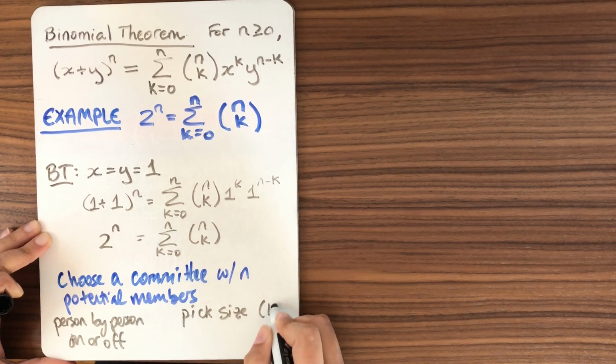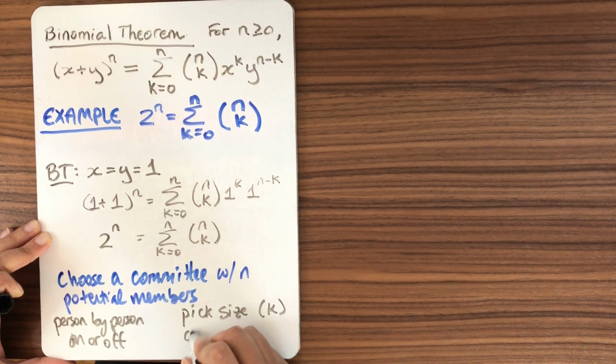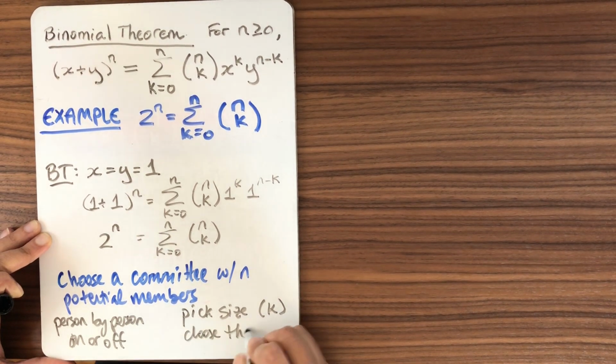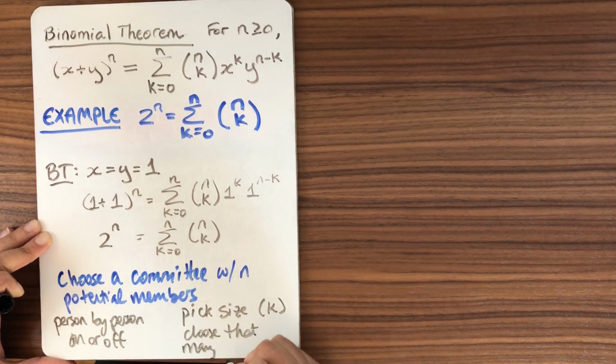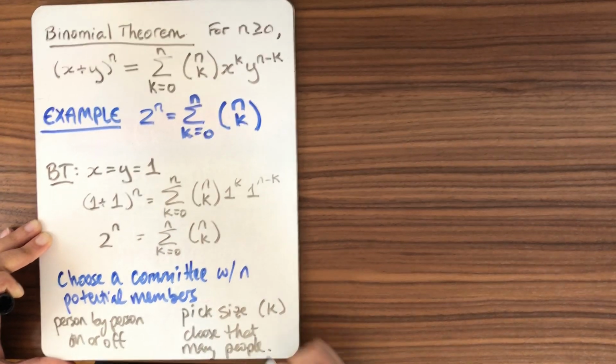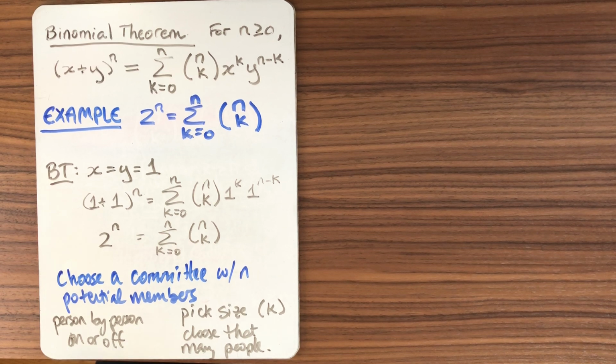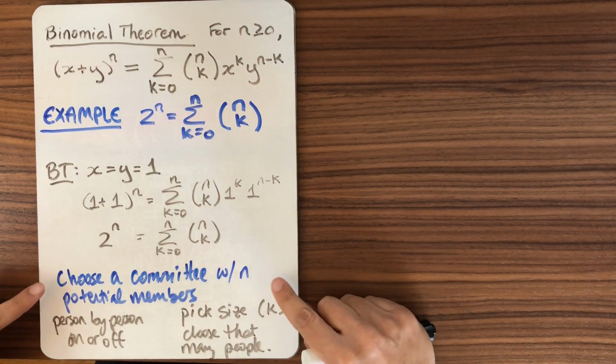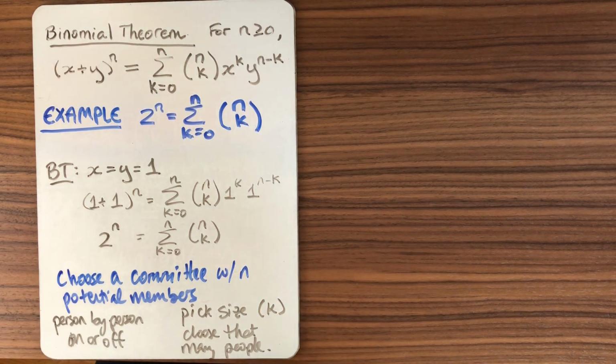That size is what we're going to call the parameter k, and then choose that many people. So you can either go person by person and say you're in, you're out, you're in, you're out, or you can choose how big you want your committee to be first and then fill up your committee. Either way, you've chosen a committee from among n potential people, and it gives us a combinatorial proof of this identity.